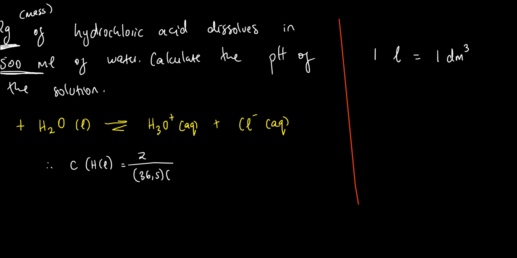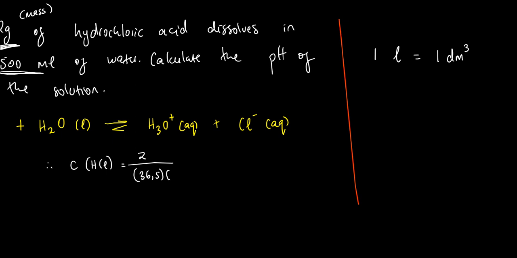Right, it's going to be 20 decimeter cubed, right? So that's what we need to know, because when you look at the formula for concentration, you must go and check your list of definitions.